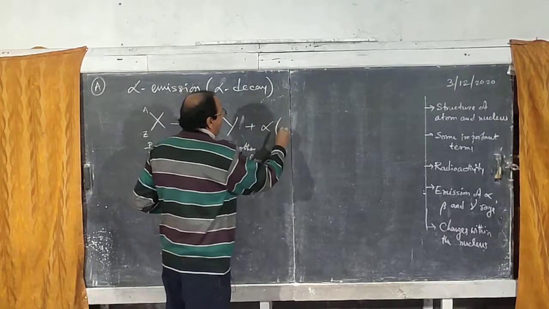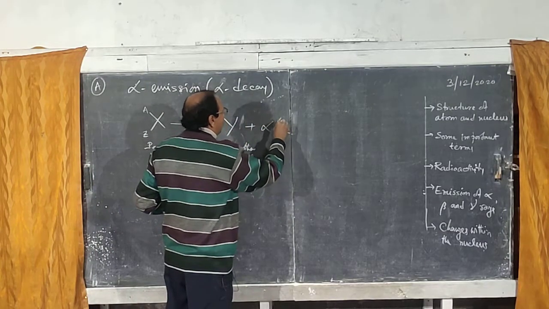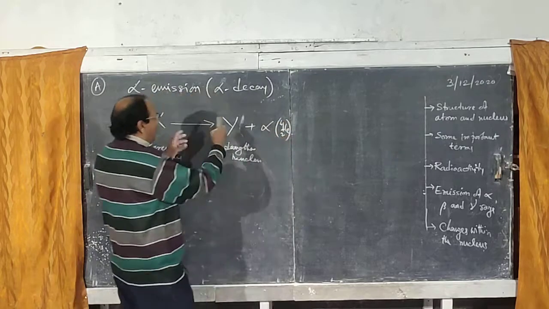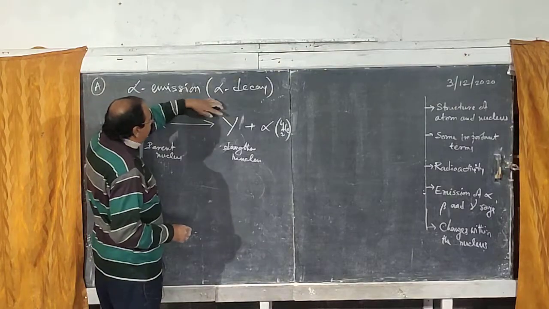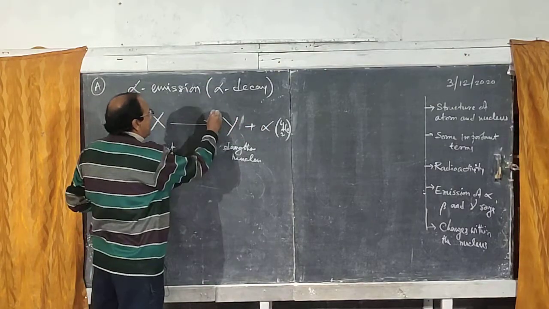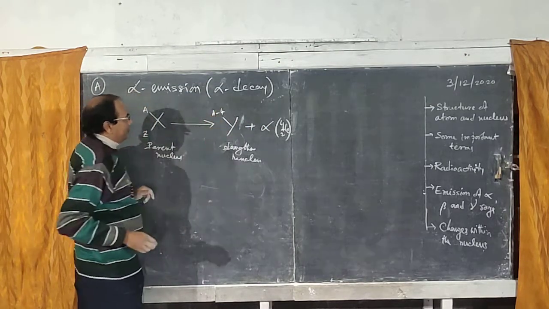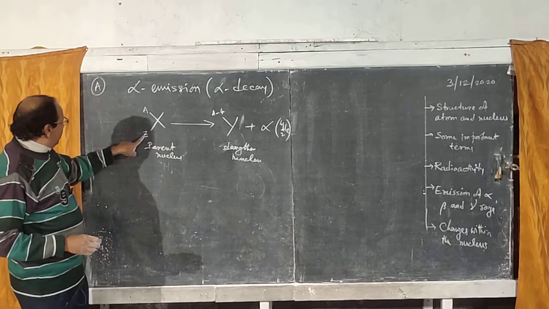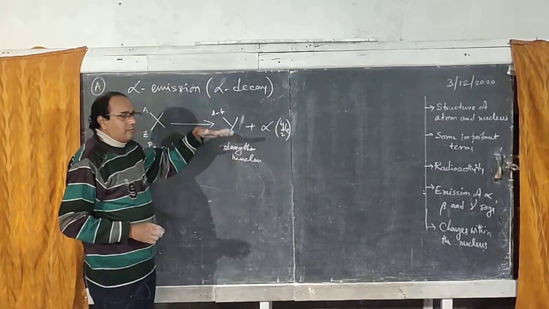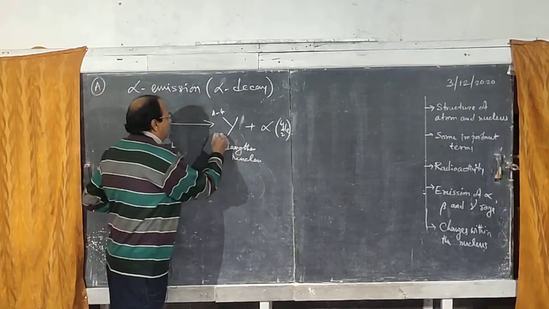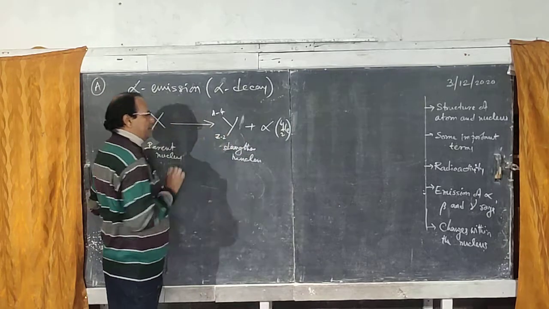And as you know, an alpha particle is nothing but helium-4, 2. Now if you balance it, the mass number will reduce by 4, so it will be A minus 4. Similarly, the atomic number Z will be reduced by 2, so the atomic number will be Z minus 2, right?